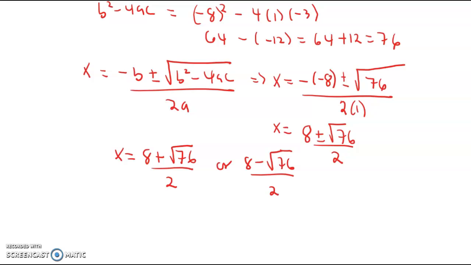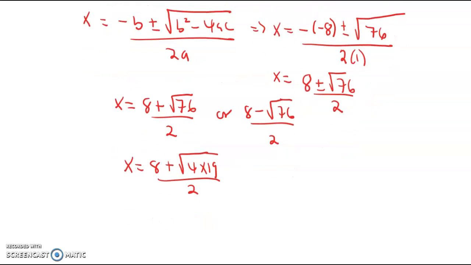The 76 can be simplified. We need to find a perfect square that, when multiplied by a certain number, will give you 76. The perfect square here is 4, and 4 times 19 gives you 76.